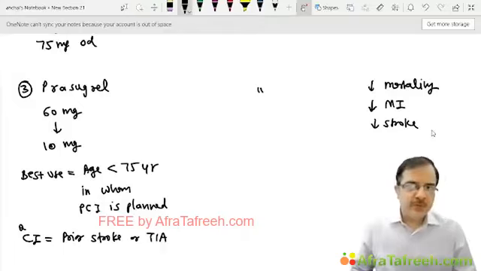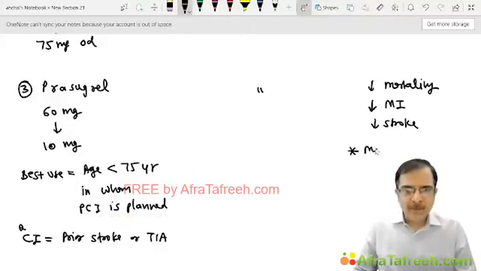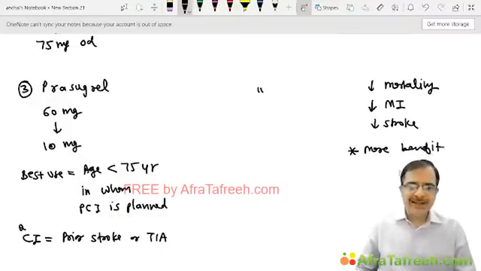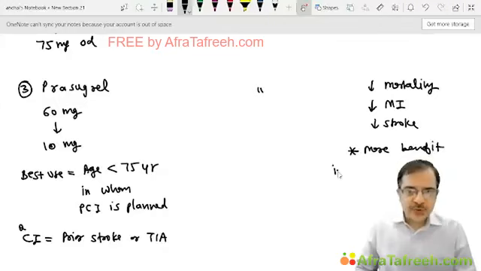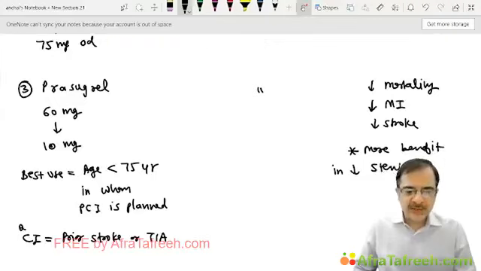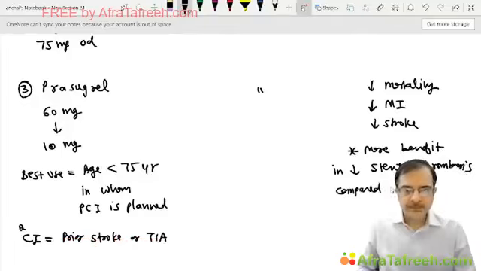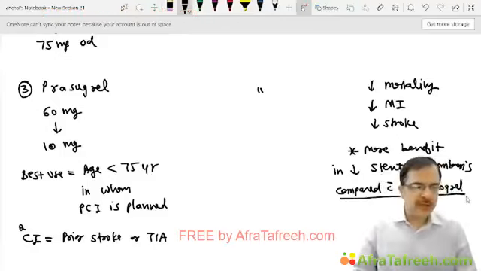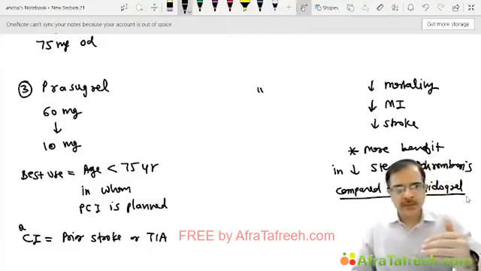But there is one more additional benefit: it reduces stent thrombosis compared with clopidogrel, according to the study.